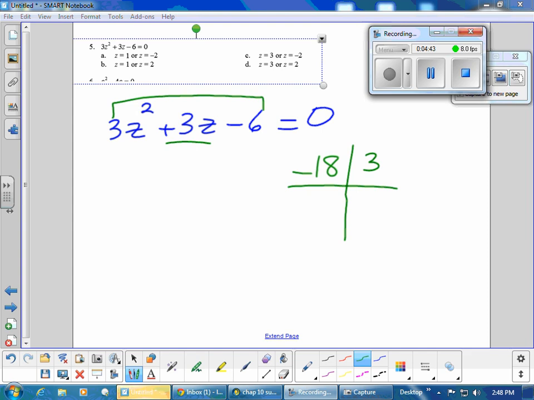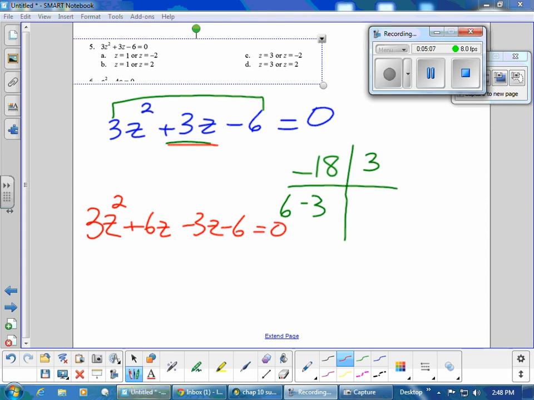Okay, so 2 and 9 don't work, but 6 and 3 do. And we want it to be negative 18 and add up to positive 3. So we're going to use 6 and negative 3. So the next step in this is we're going to rewrite this original question, 3z squared, instead of writing 3z, we're going to write plus 6z minus 3z minus 6 equals 0.